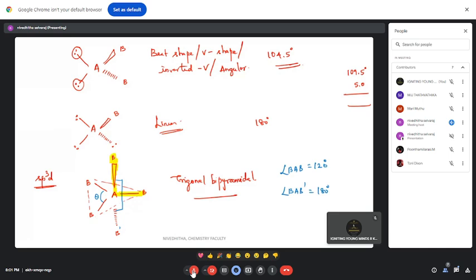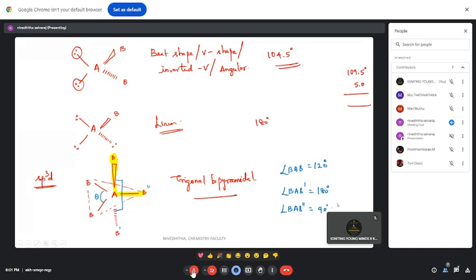Here, one B is out of the plane, another B is in plane. So what will be the bond angle? It is 90 degrees. Okay. So to differentiate this, I'm going to write B double prime. So the bond angle between B, A, B double prime is 90 degrees.